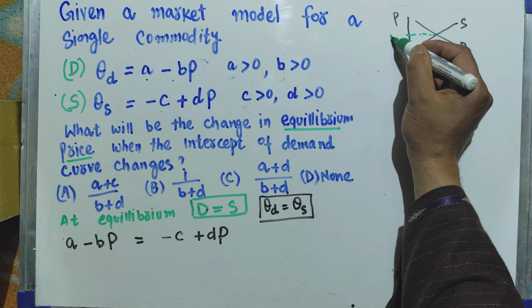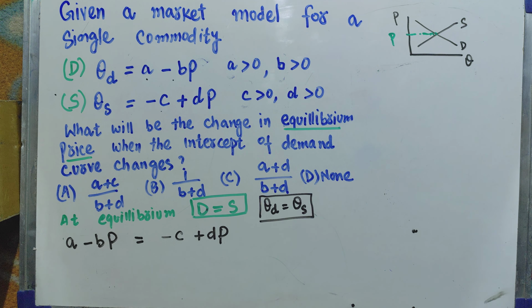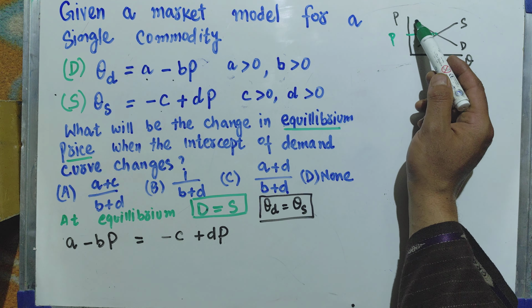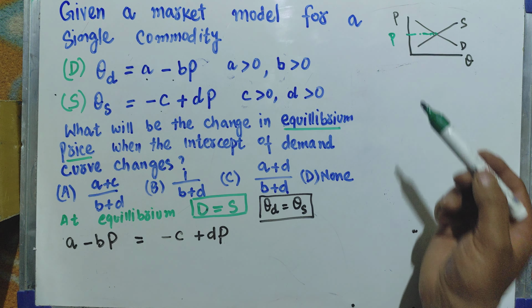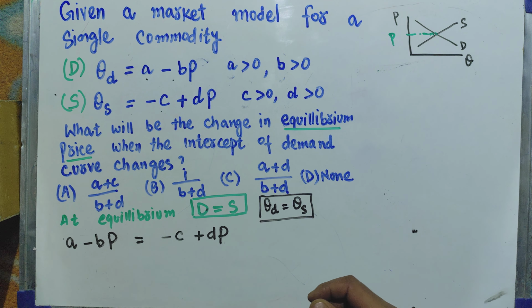We get some equilibrium price. We need to find what will be the change in the equilibrium price when the intercept of the demand curve changes, when this demand curve changes or shifts. So first we need to find out the equilibrium price. Now we need to solve the given equation for price. So let us try to solve this.